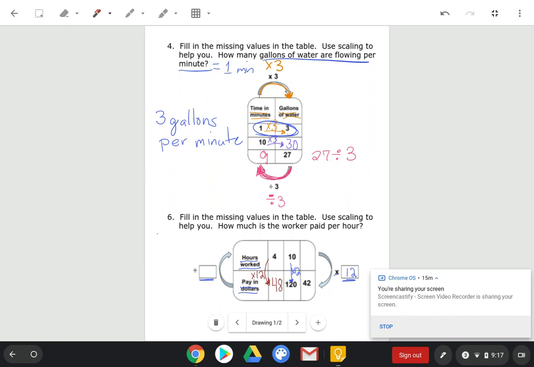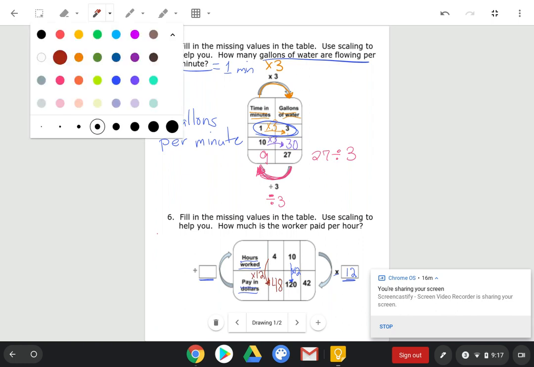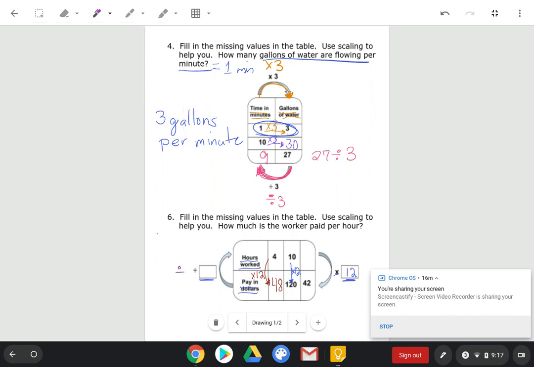Now, the 42 is going to require a bit of a different process because we're going in the opposite direction. So this time, instead of multiplying, we're going to be dividing. We're still dividing by 12. We still need that 12. It's just that we're dividing instead of multiplying.